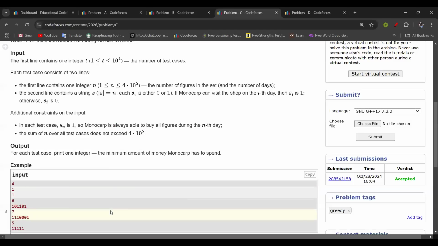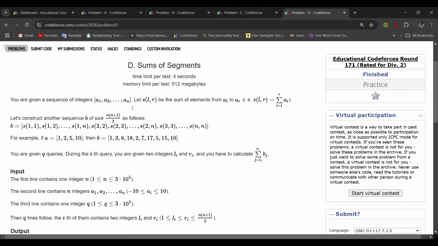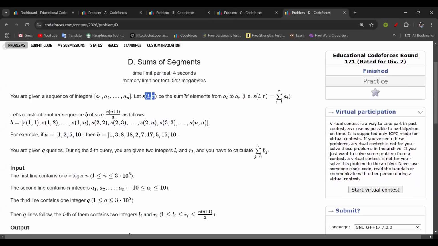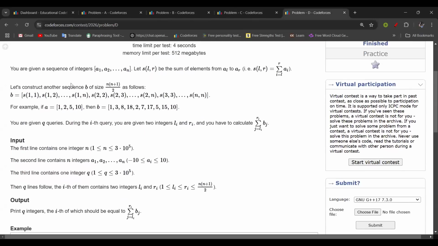Okay, so let's move to problem D, where you are given a sequence of integers a1 to an. Let S(L, R) be the sum of elements from AL to AR. That is, S(L, R) is the sum of elements from AL to AR. Let's construct another sequence B of size n times (n plus 1) by 2 as follows.